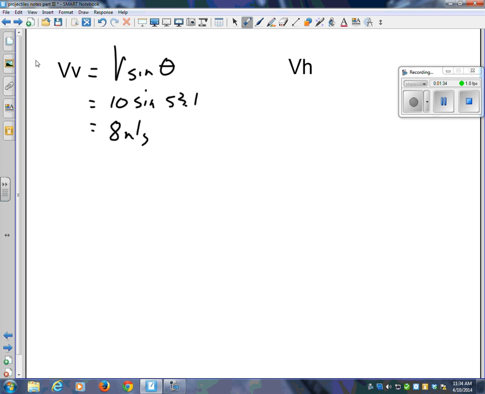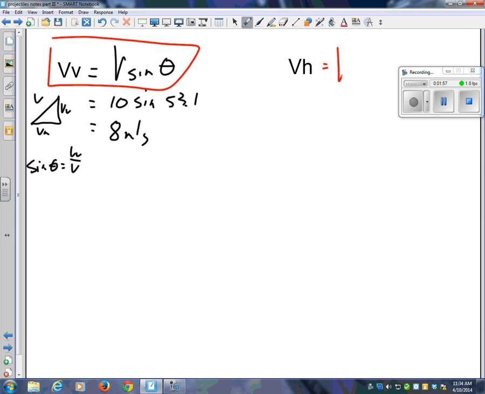Well, remember that you've got this triangle here, right? This is VH, and this is VV, and this is V. So opposite over hypotenuse is sine, so sine theta is equal to VV over the hypotenuse, which is V. VV is always going to be equal to V sine theta.